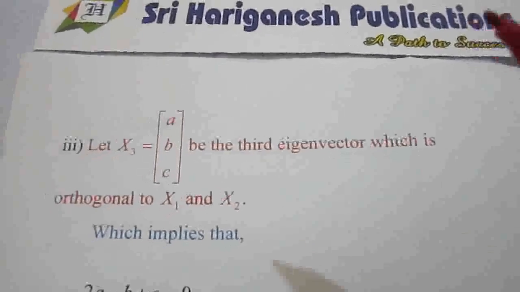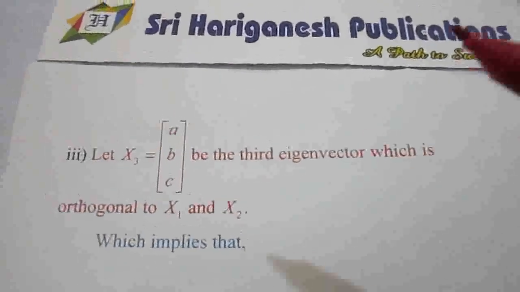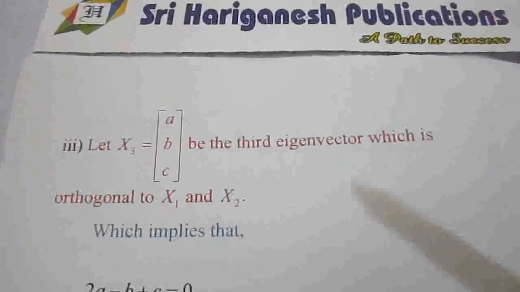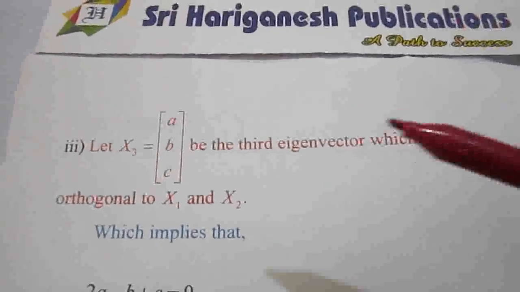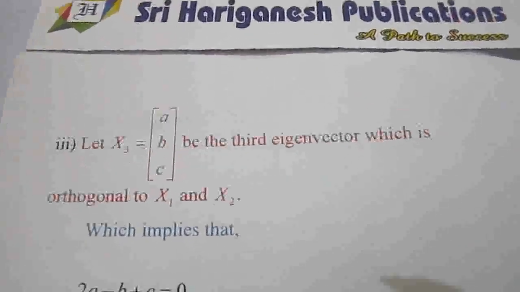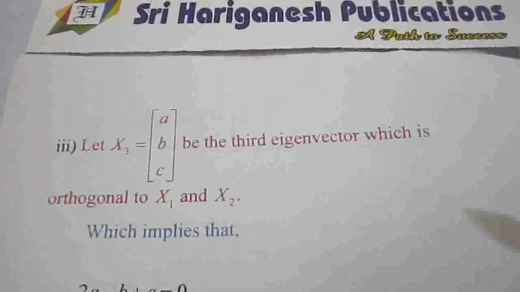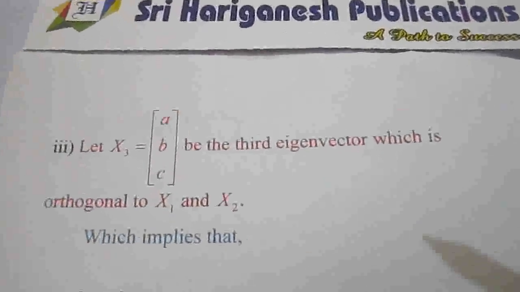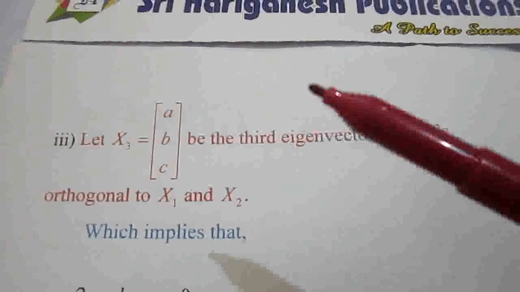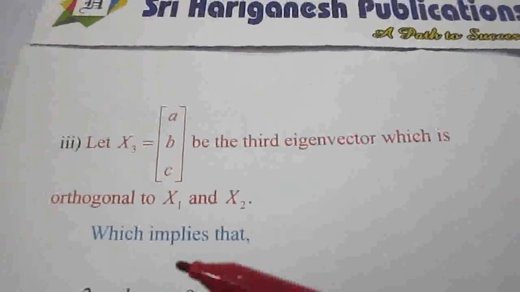So now I am going to apply the orthogonal property, because the given matrix is symmetric. In a symmetric matrix, eigenvectors are orthogonal to each other. So I want to find the third eigenvector which is orthogonal to both x1 and x2.